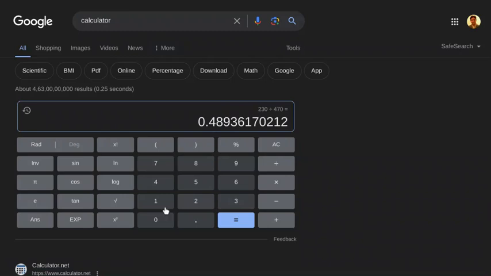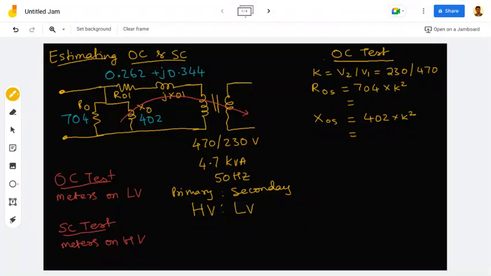I don't know whether it's possible to store it in a variable and reuse it. Maybe. So anyway, the answer is there. For the first time I will use that. 0.4894, I will round off. So the K is 0.4894.